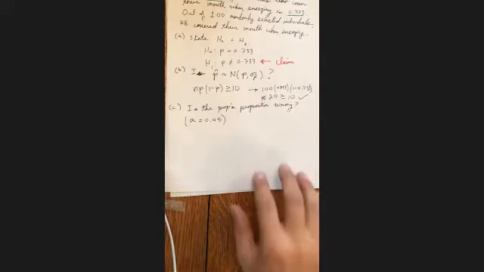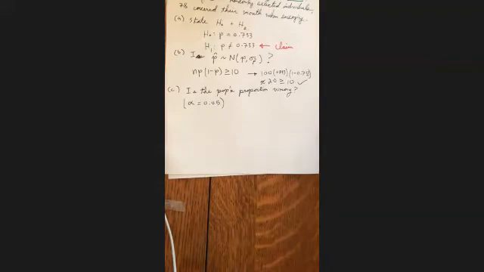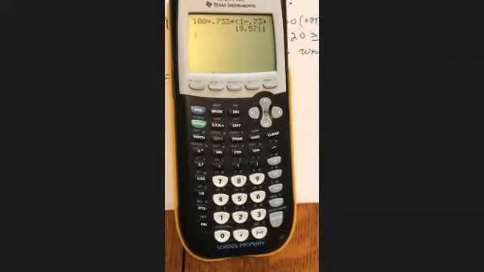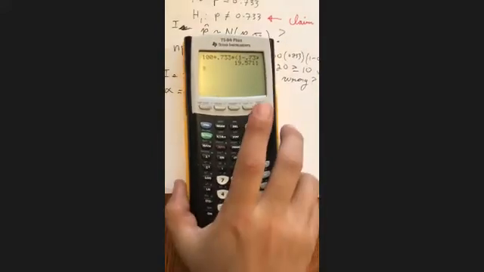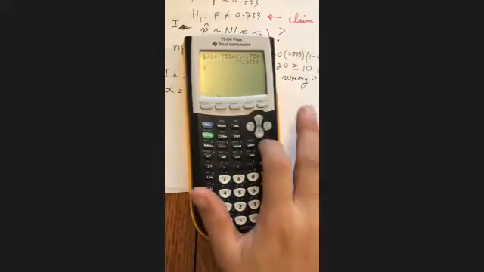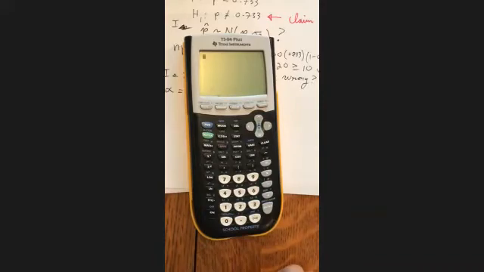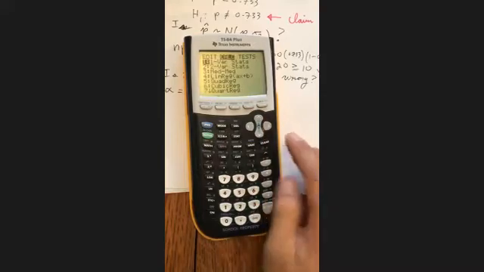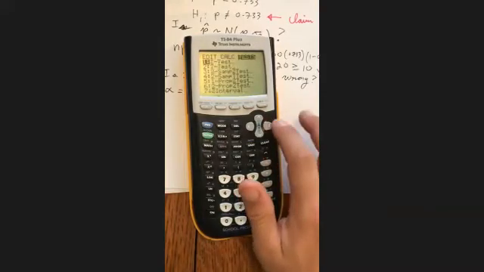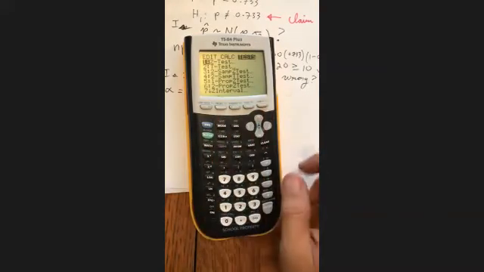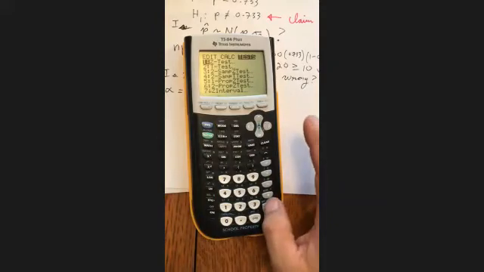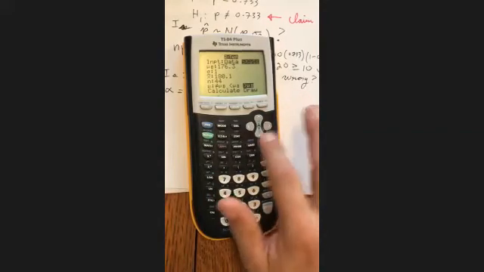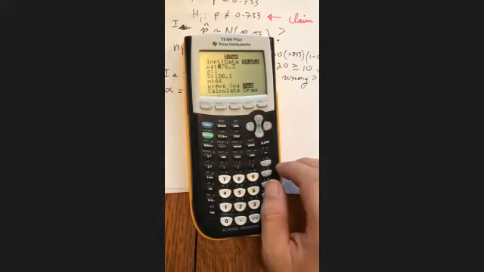Okay, so let's get down to brass tacks. How do we test this? I'm going to show you the quick calculator way of doing this, and that's by performing a z-test. To perform a z-test, you hit stat, cursor over to calc, cursor over to test, and the very first option is z-test. All right, we're using stats, not data, so we're going to keep stats.